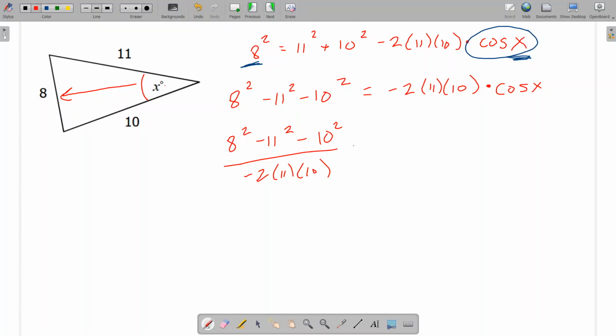So really, we're going to be doing inverse cosine of all this stuff to find out what x is. Now let's simplify the number inside first. So 8 squared minus 11 squared minus 10 squared is going to give us negative 157.